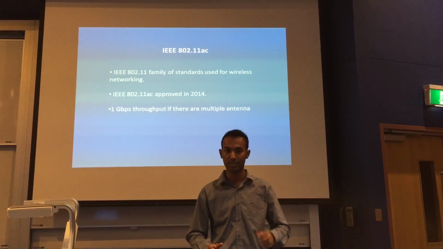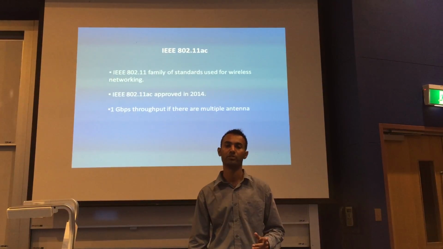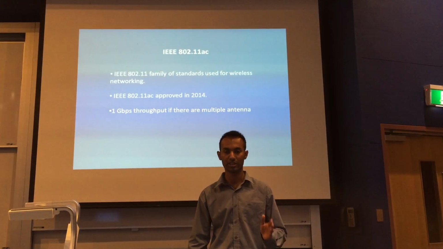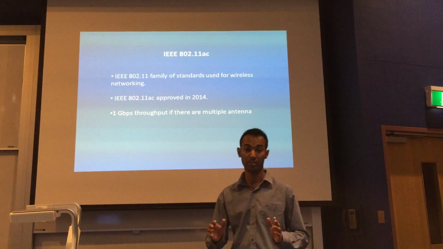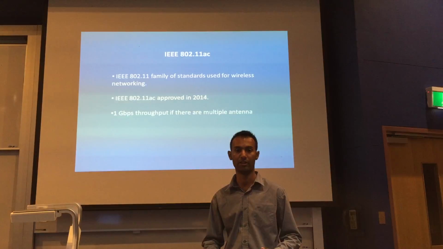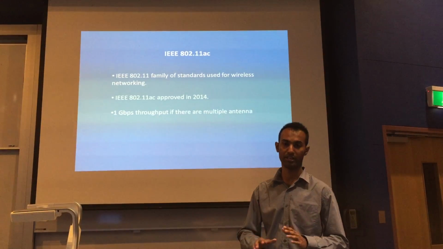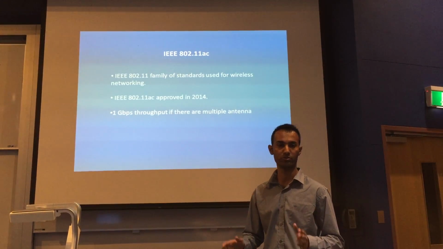What is it used for? It's used for providing 1 gigabit of data speed, and it's only possible when there are multiple antennas and different features being used all together.